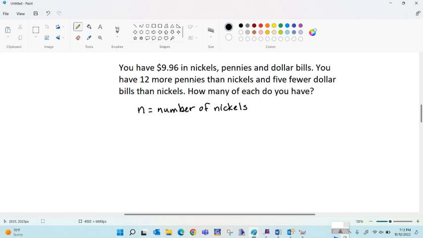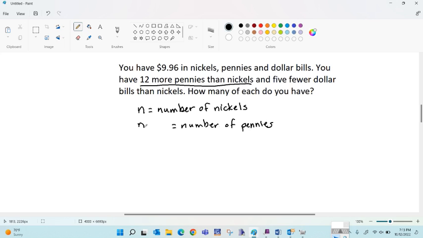12 more pennies than nickels. So my number of pennies, you could say pick P, but we're not going to pick P, we're going to pick it in terms of the number of nickels. My number of pennies is 12 more than the nickels.